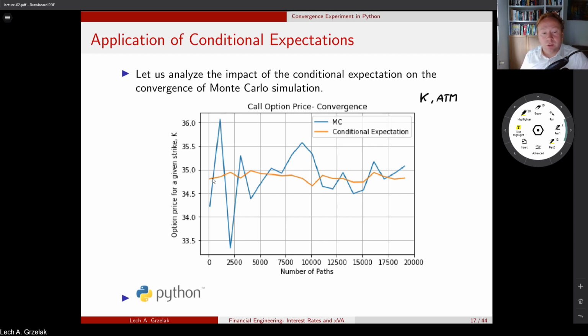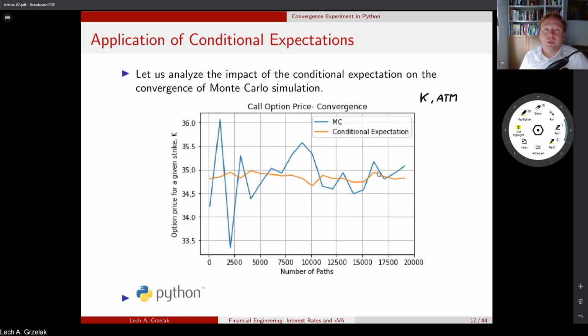Even for a low number of Monte Carlo paths, the results are very stable, and they are oscillating around the same number. Of course, this can be further enhanced if we use, for example, smaller time steps in the Monte Carlo simulation, because here we have just used the Euler scheme.